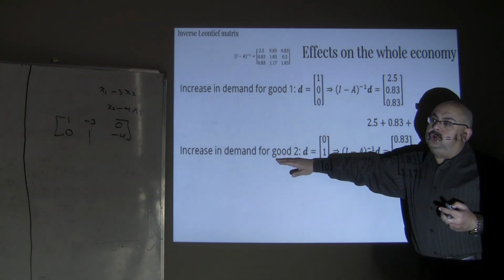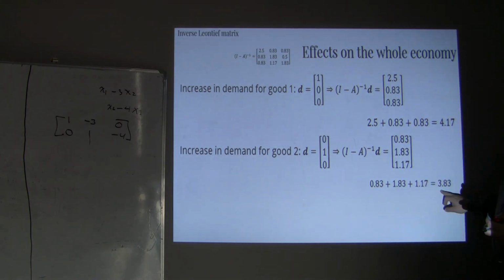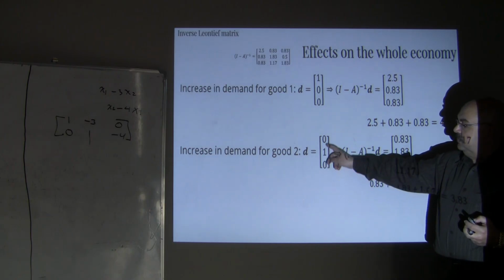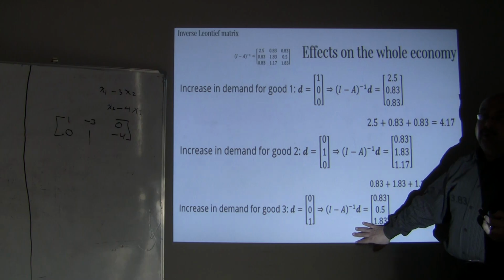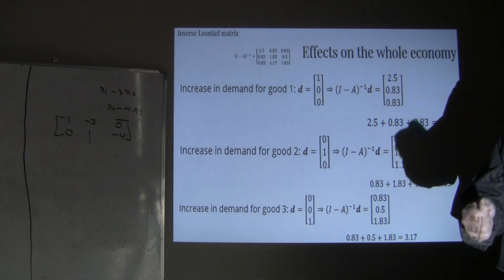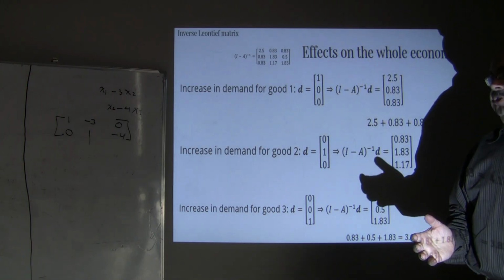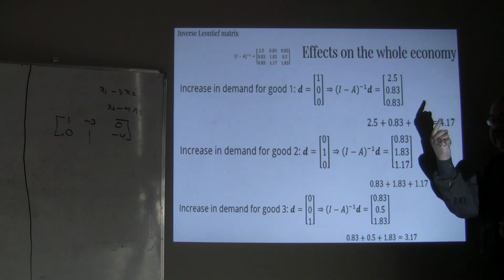This is good number 2, or the second sector. As you can see, that's the effect on production of an increase in demand for the second sector on all sectors. And also, that's the third one. If I want to determine which one is more effective on the economic system, just look at the amount of the total production increase. If you look at those numbers, then the largest effect is going to happen with the first sector.